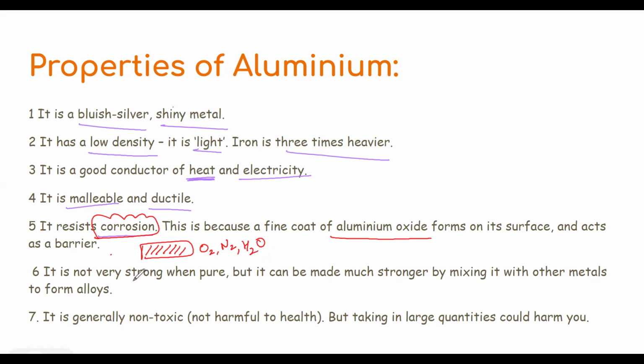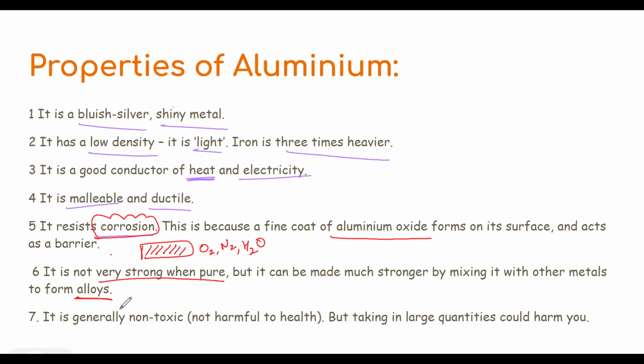Now it's not very strong. That's true. It's not very strong when pure, like when we derive out liquid alumina from the electrolysis. It's not strong. Even if we mold it in different shapes, it's weak. But it can be made much stronger by mixing it with other metals. And I believe you know that. What are alloys? Alloys are mixtures of different elements together.